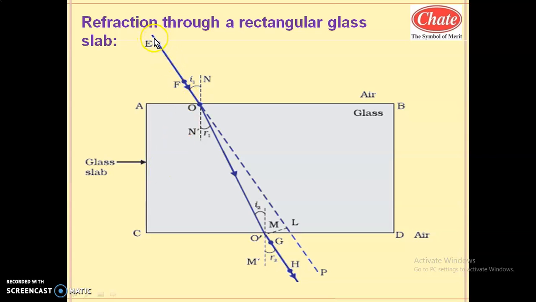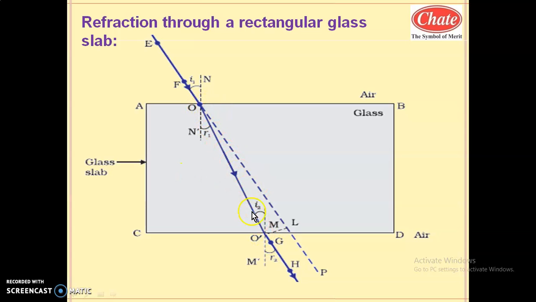Now extend EF up to the side AB. Wherever it intersects AB, write O. Now join GH and extend it up to CD. Mark the point on CD as O dash. As the glass slab is removed, now join O and O dash.